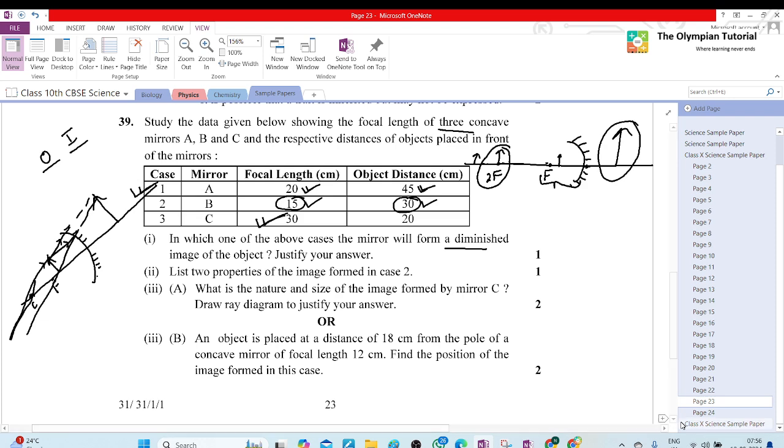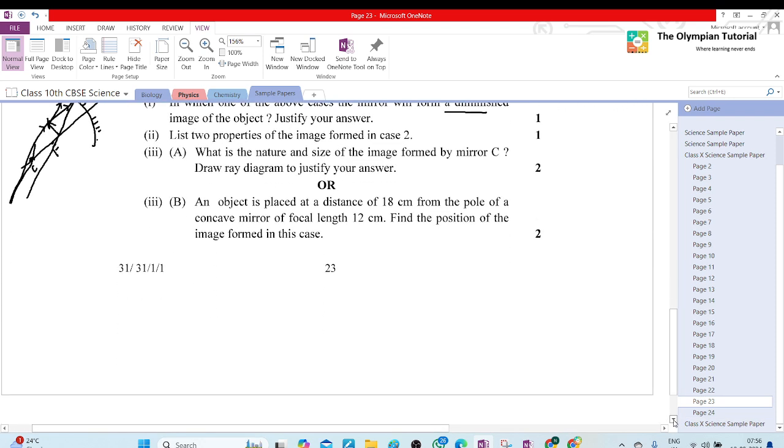Now part B. An object is placed at a distance of 18 centimeter from the pole of a concave mirror of focal length 12 centimeter. So 18 centimeter is the object distance; it is beyond C. We have to solve it by formula.